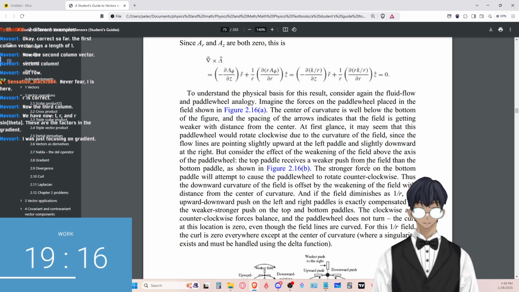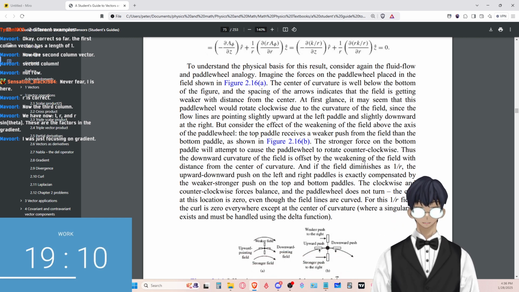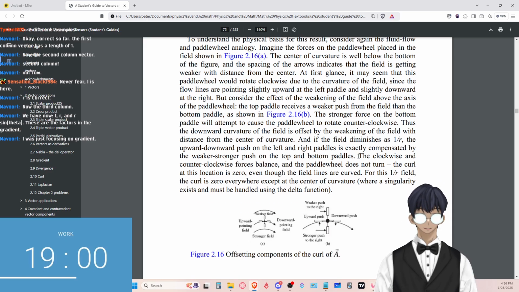But consider the effect of the weakening of the field above the axis of the paddle wheel. The top paddle receives a weaker push from the field than the bottom paddle, as shown in figure 2.16.